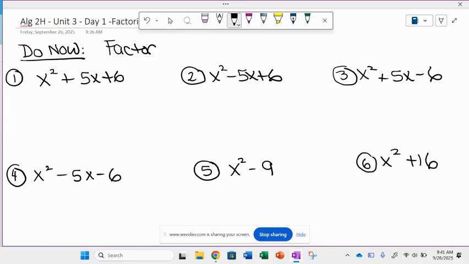I will give you a couple of minutes to factor these 6 problems.